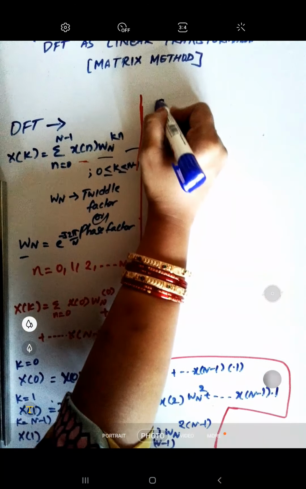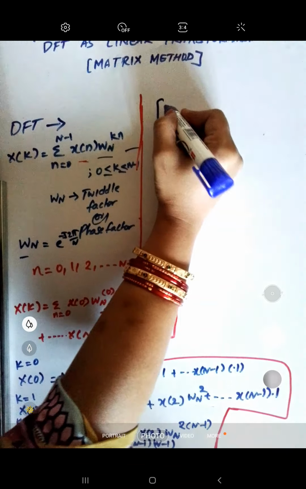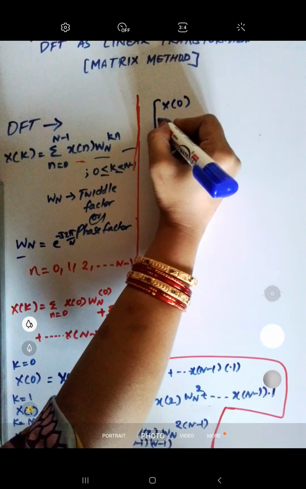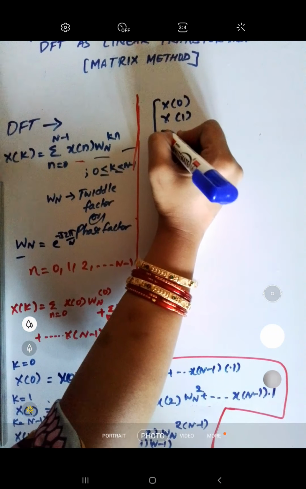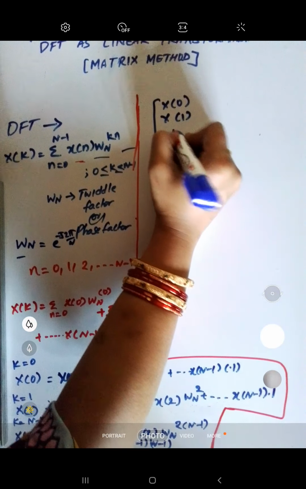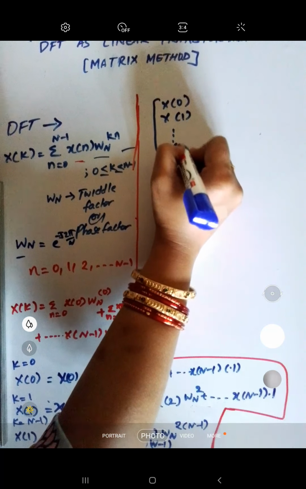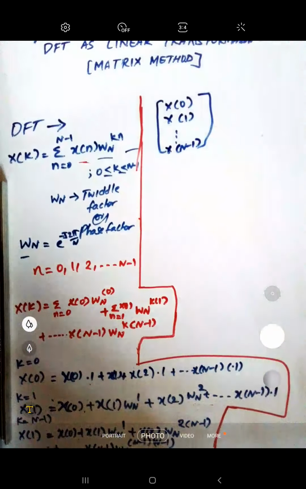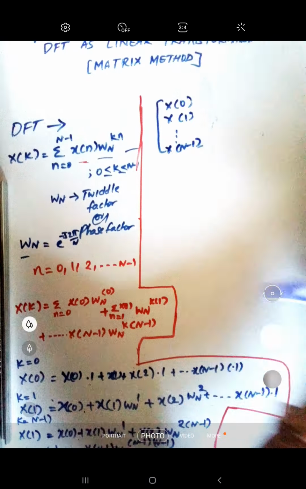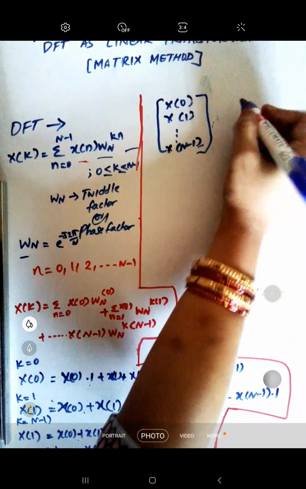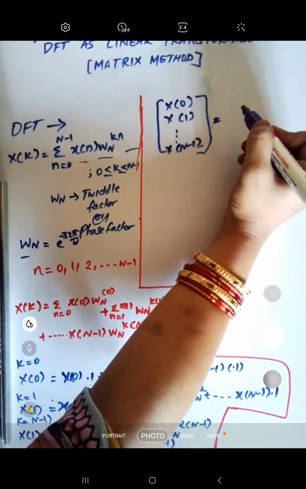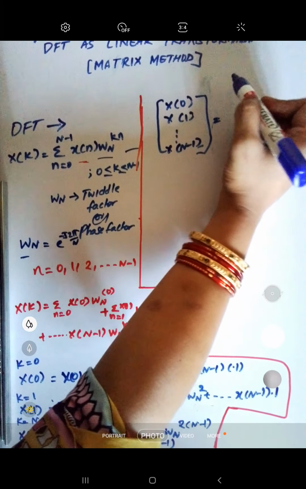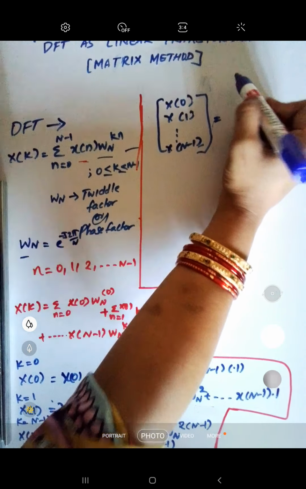The matrix will be X of 0, X of 1, up to X of N minus 1. For this, we have to write the matrix by using the W_N values. In the first row, the W_N value is 1.